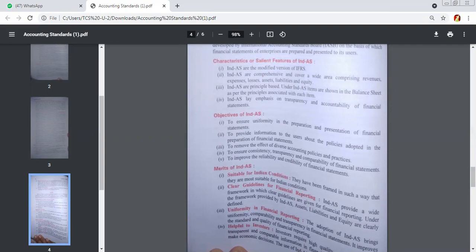It also provides information to the users about the policies adopted for the preparation of financial statements, to remove the effect of diverse accounting policies and practices, to ensure consistency, transparency, and comparability of the financial statements, and to improve the reliability and credibility of the financial statements.